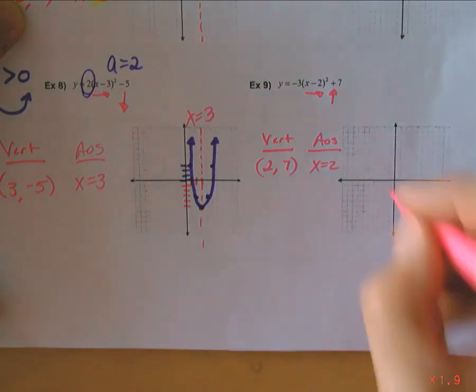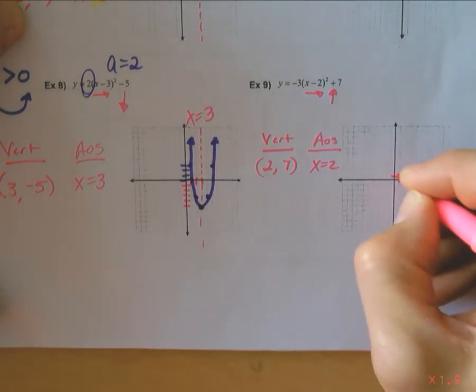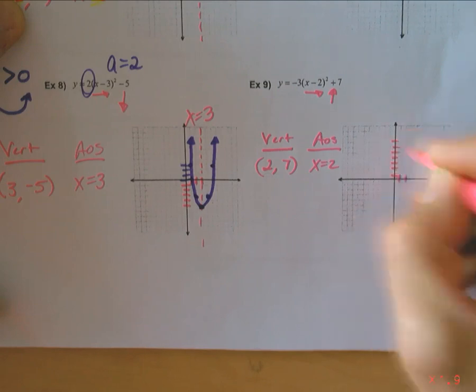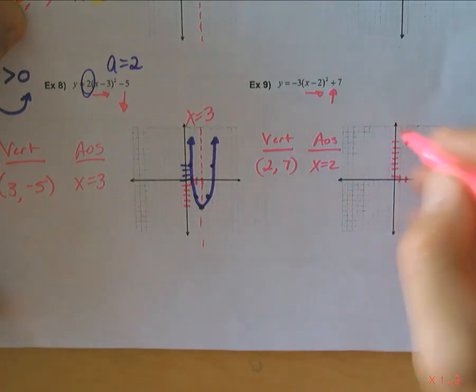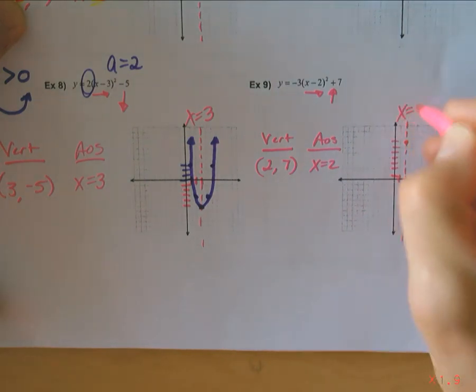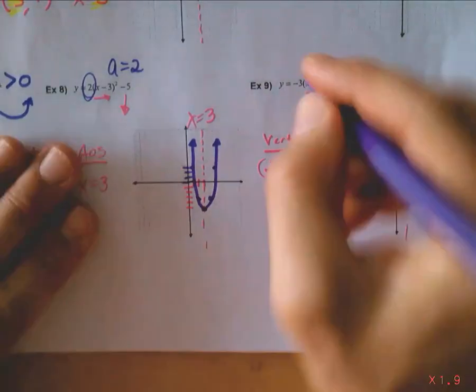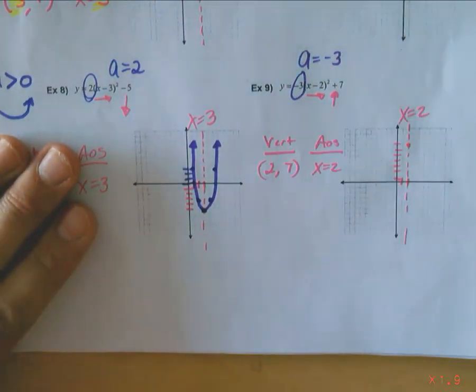All right, so let's go ahead and graph that. So I'm going to count over 1, 2, and then up 1, 2, 3, 4, 5, 6, 7. So 2, 7 is right about there. There's my axis of symmetry at x equals 2. All right, now don't plot any points yet because we had an a value. This time we got a equals -3.